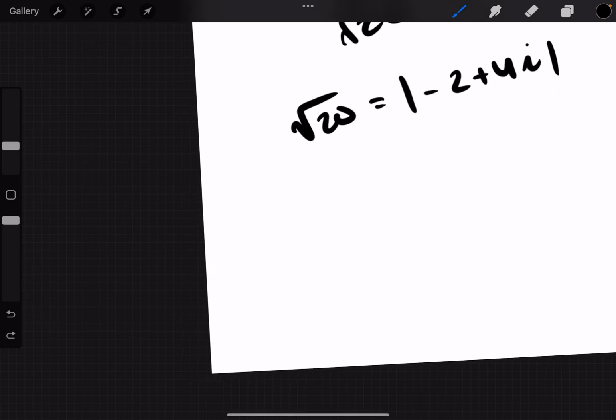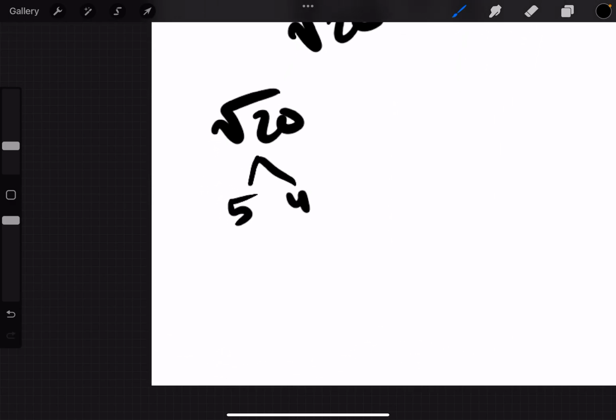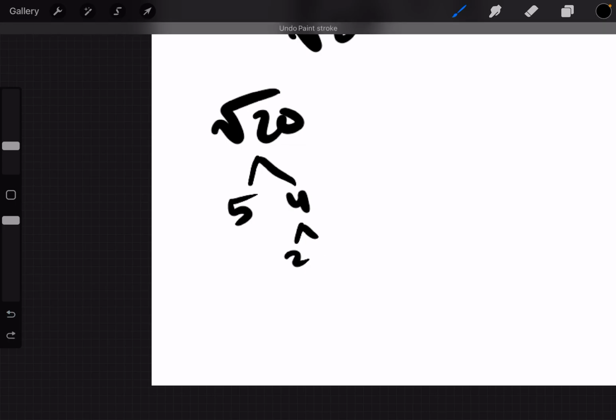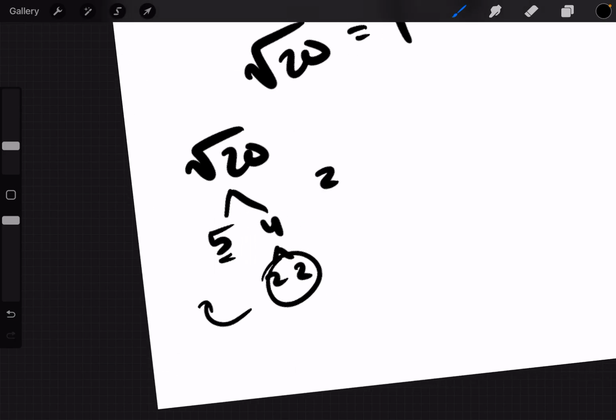So radical 20 has factors of 5 and 4. 5 is just 5 and 1, so we can't go any further. But 4 has factors of 2, and since this is a pair, we can take it out, and we keep 5 inside because this is the one that's left. So it'll look like this instead, simplified.